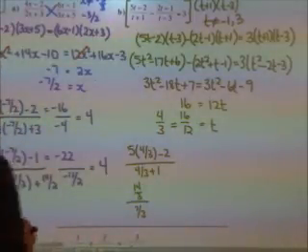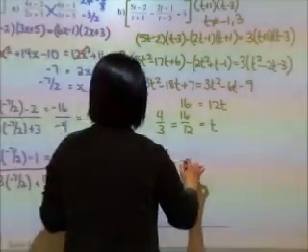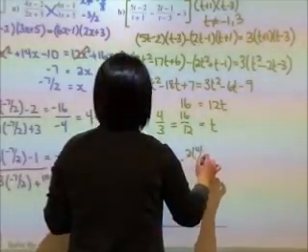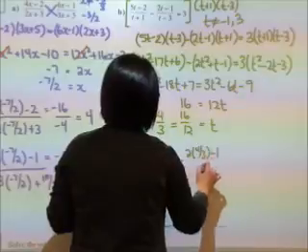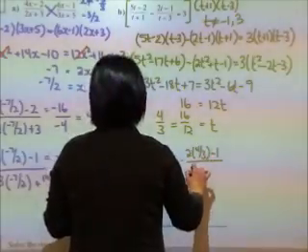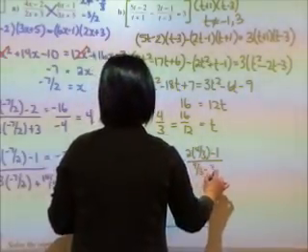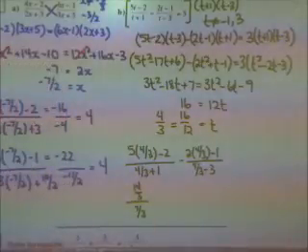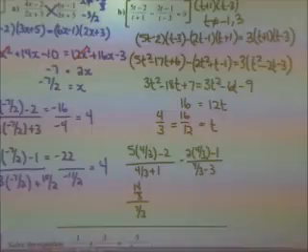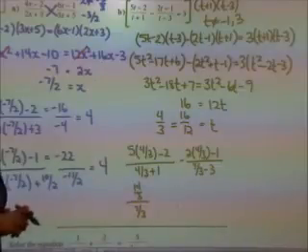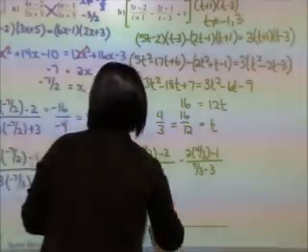And then I'll do the same thing with the 2t. Minus 2 times 4/3 minus 1 over 4/3 minus 3. So the 2 times 4/3 minus 1 would equal, what'd you get, Allison? 5/3.